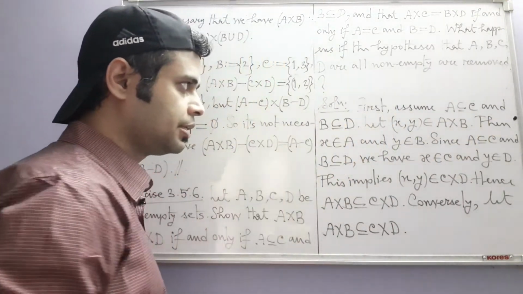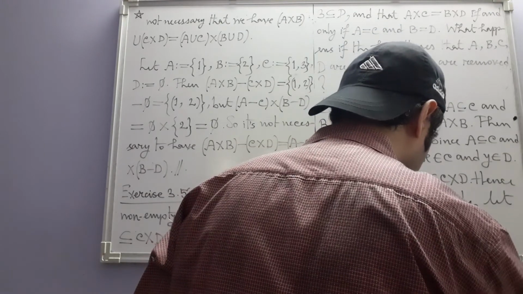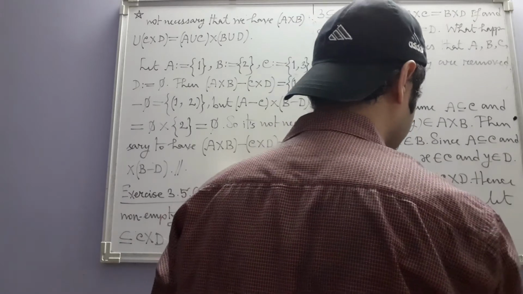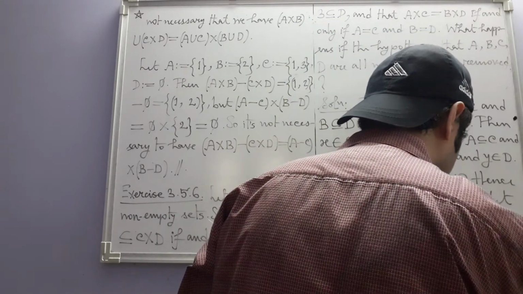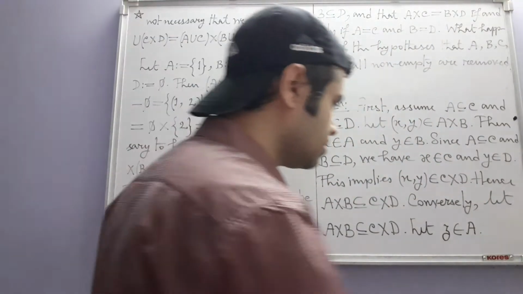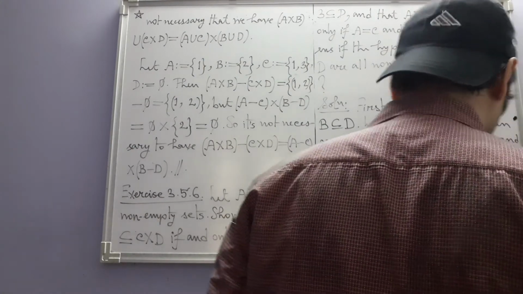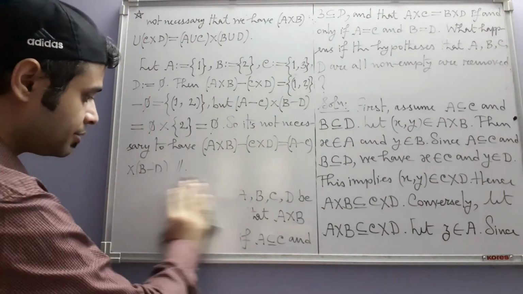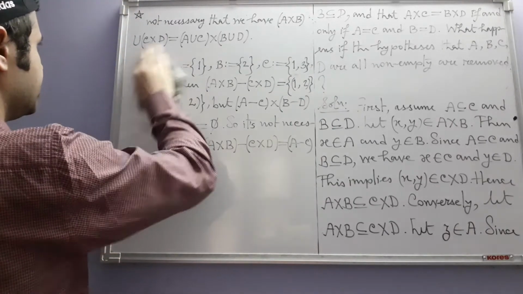A is a subset of C and B is a subset of D. Let us take something else. Let z be any element in A. Now this is where non-emptiness of the sets will be exploited. We need non-emptiness now.